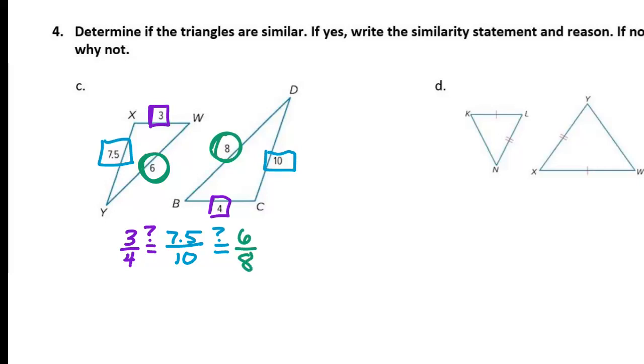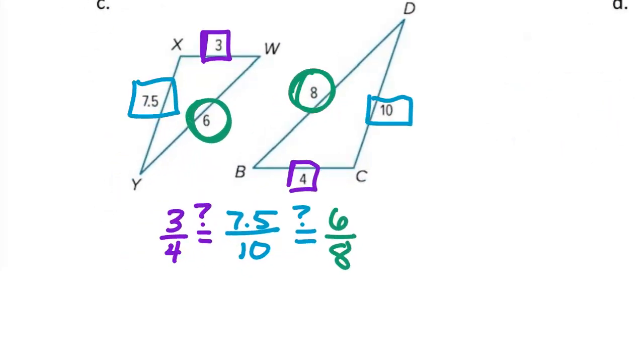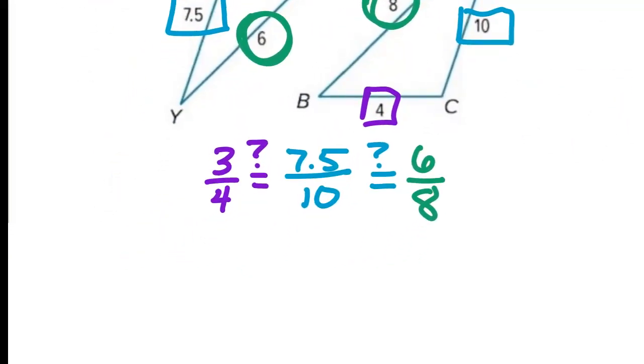I did left-hand triangle over right-hand triangle. So all of my numerators are coming from my left-hand triangle. All of my denominators are coming from my right-hand triangle. What is 3 divided by 4? 0.75. What is 7.5 divided by 10? 0.75.